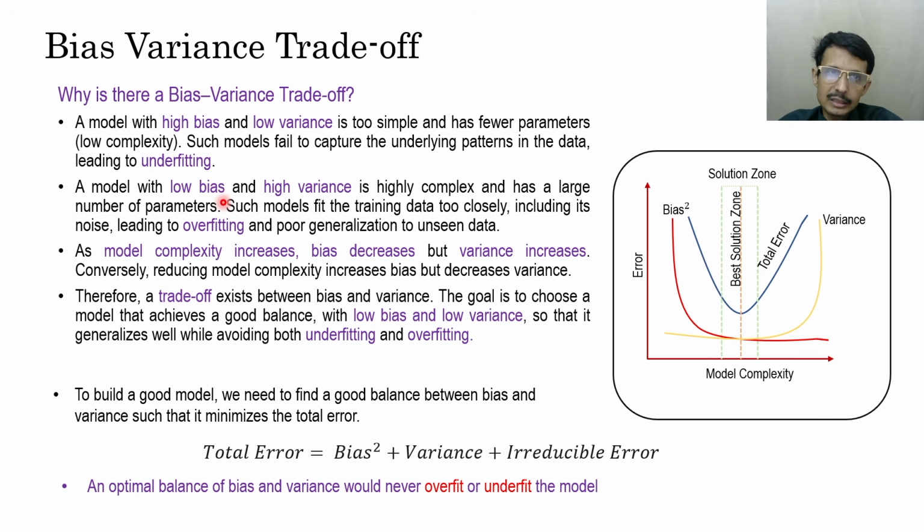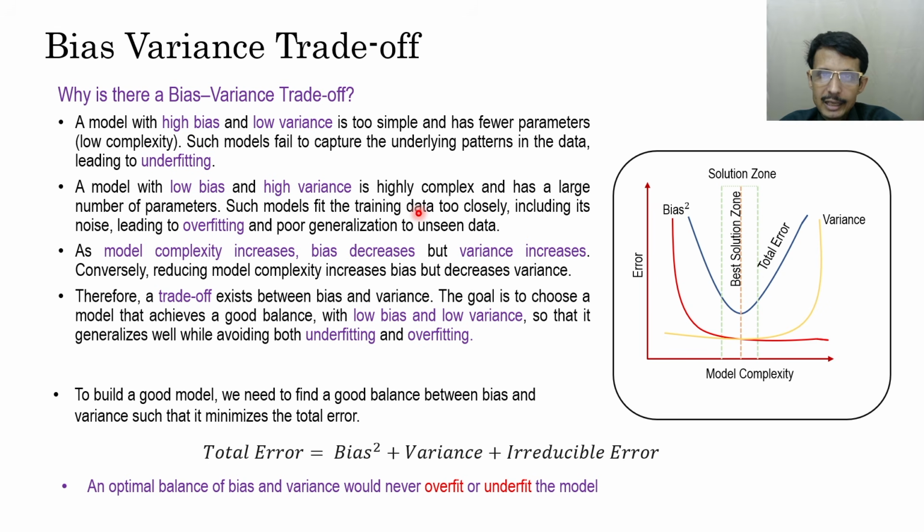A model with high bias and low variance is too simple and has fewer parameters. Such models may lead to underfitting, which we have also seen in the previous slides. Now a model with low bias and high variance is highly complex and has a large number of parameters.